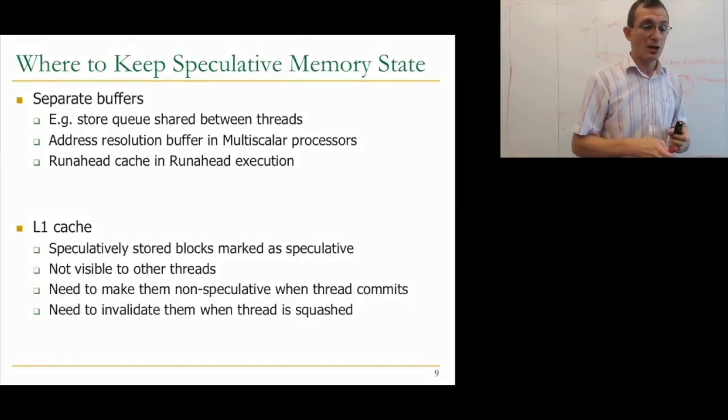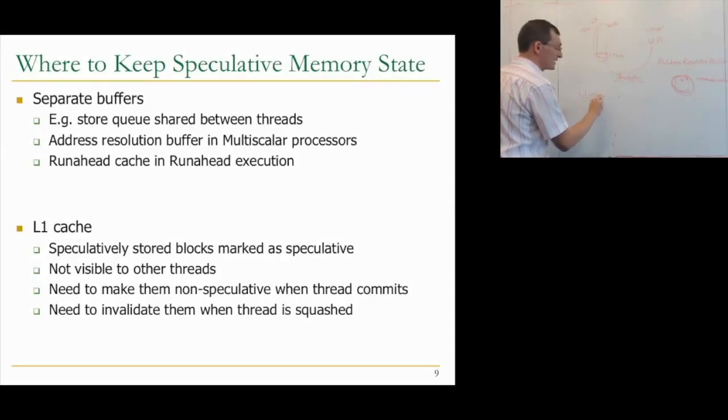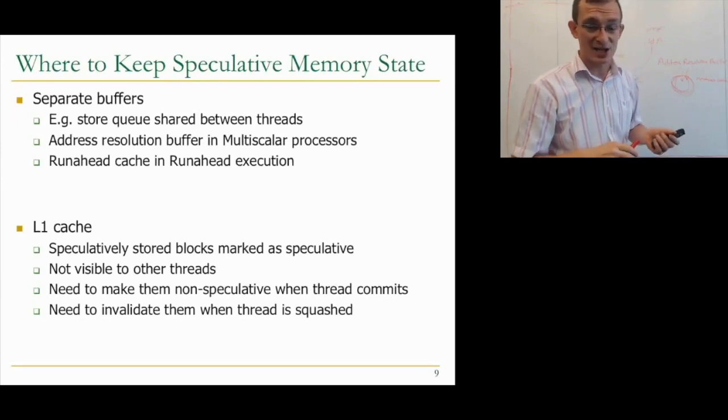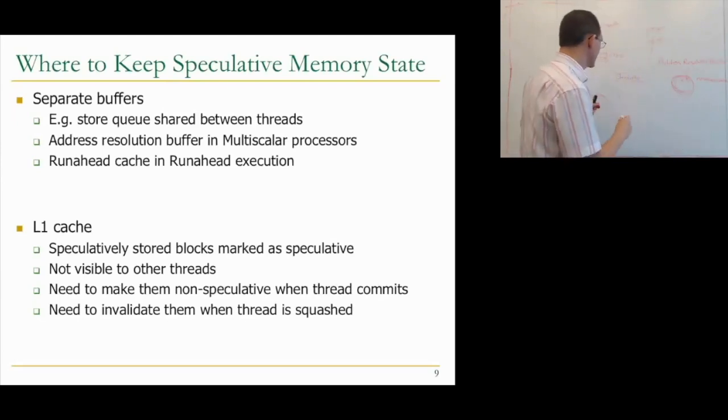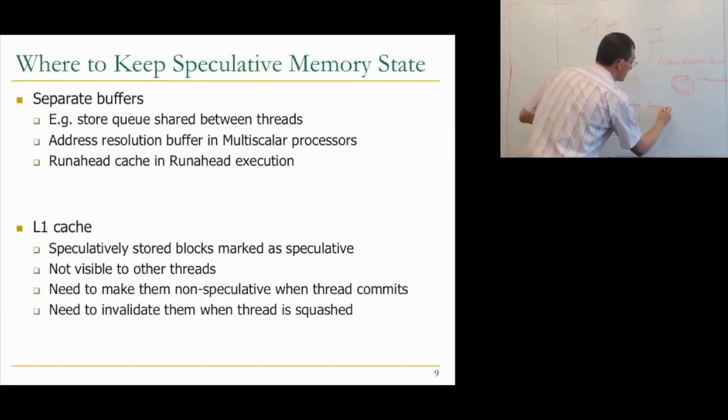On the other hand, you can have no separate buffer like this, and instead place the speculative store blocks in the L1 cache. In this case, in the tag store, you have one additional bit, a speculatively modified bit.